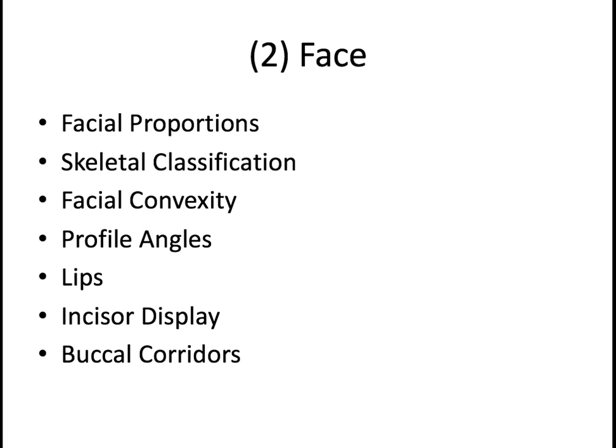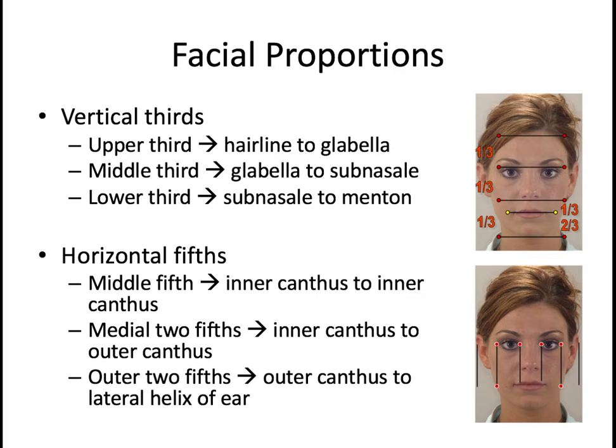So next, let's talk about the facial exam. The face is really interesting. There are some proportions that we expect in a quote-unquote ideal configuration. We can break the face up into vertical thirds, 3 roughly equal regions.